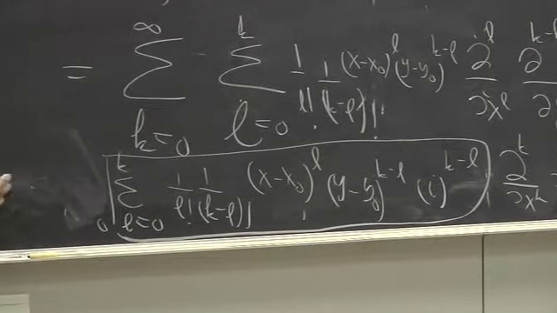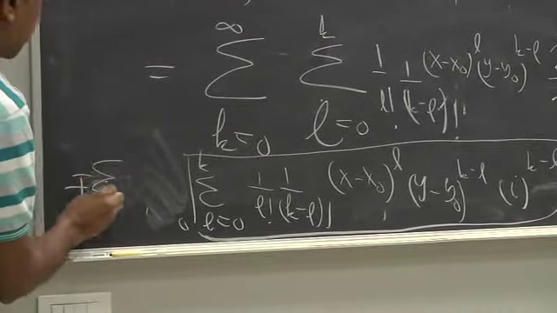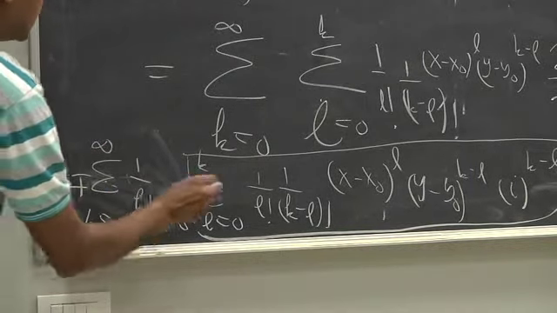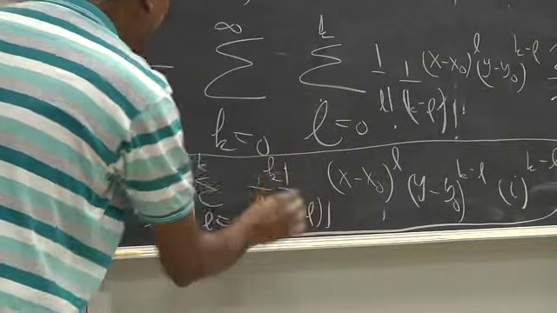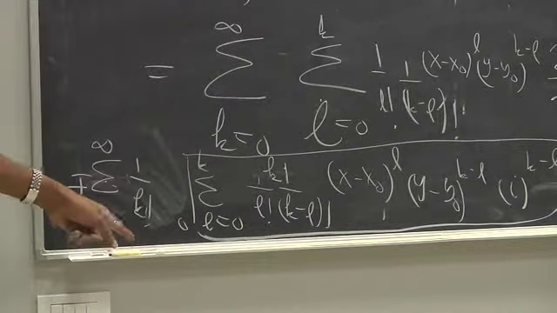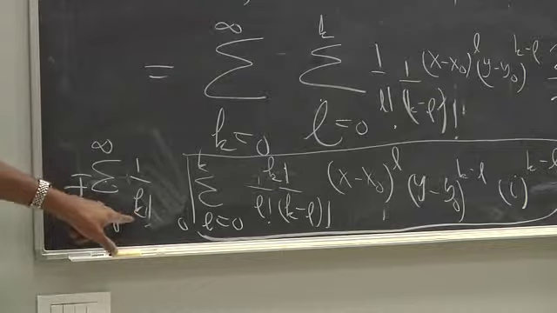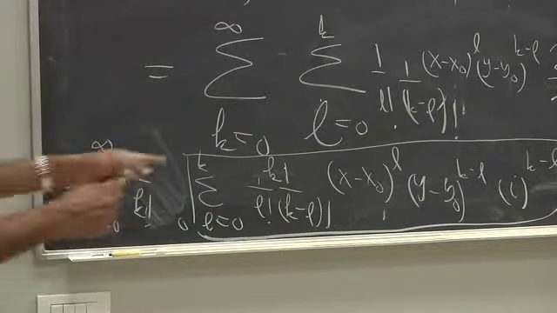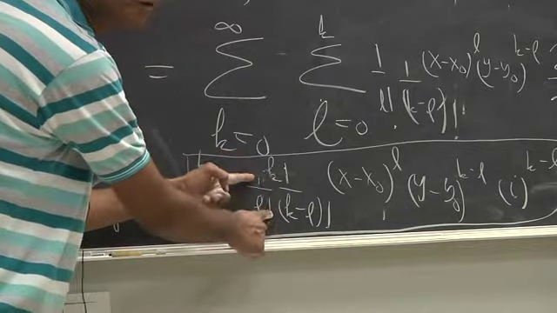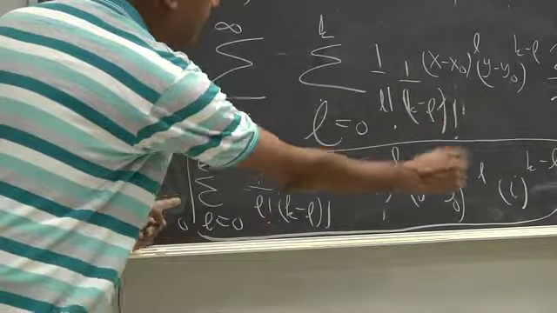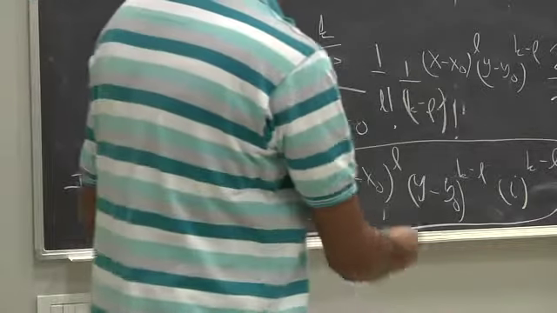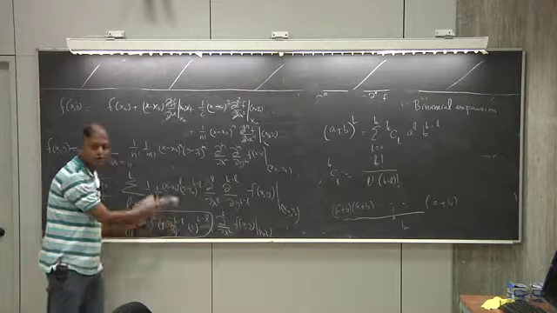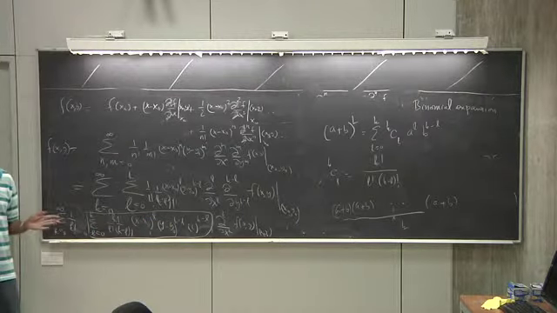This is equal to the sum over k from 0 to infinity of 1 over factorial k, and put also factorial k here. I did nothing. I just multiplied and divided by the same quantity. This does not depend on l, so I can take it out here. Then this is simply kCl, the combinatoric factor. So that entire thing simply becomes (x minus x0, plus i times y minus y0) whole to the power of k. Okay?